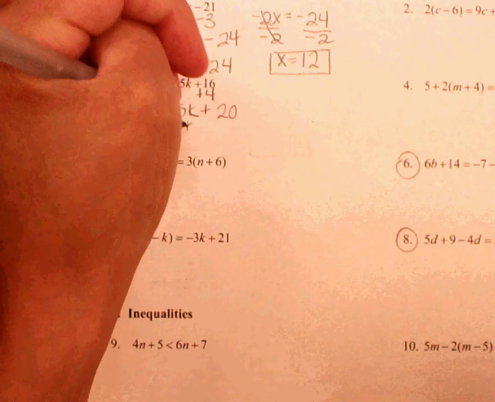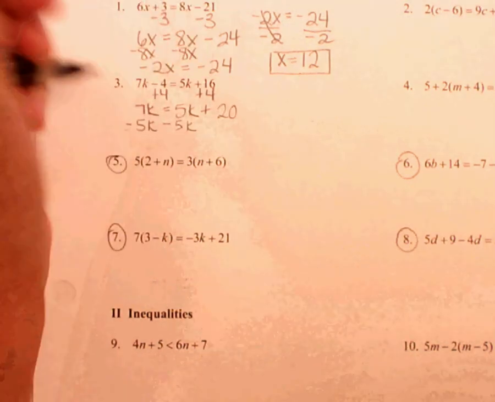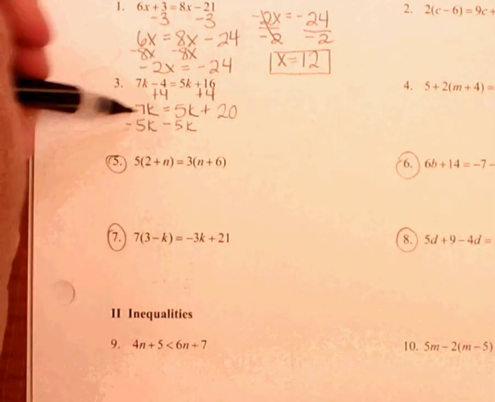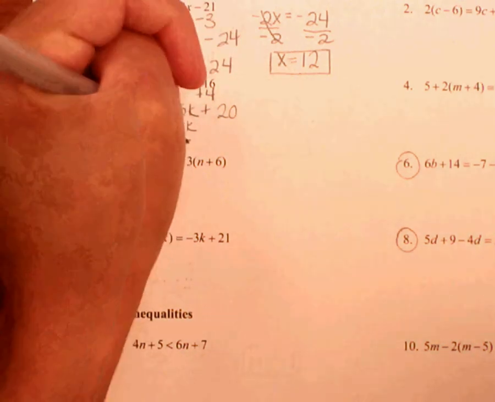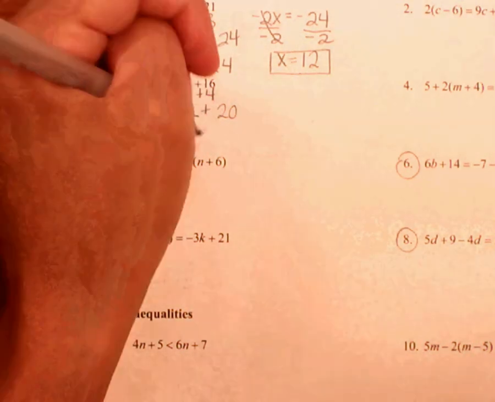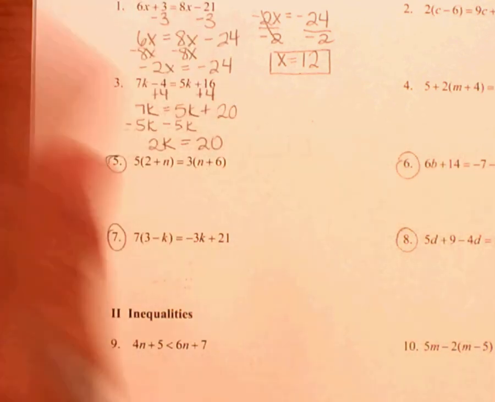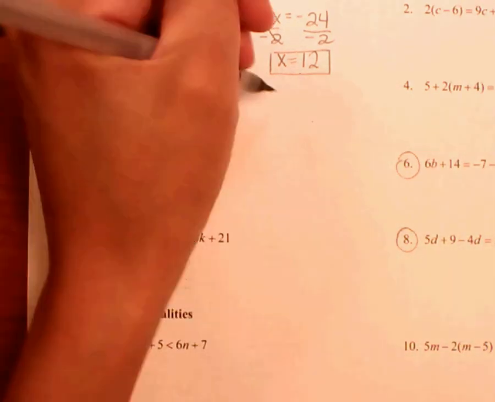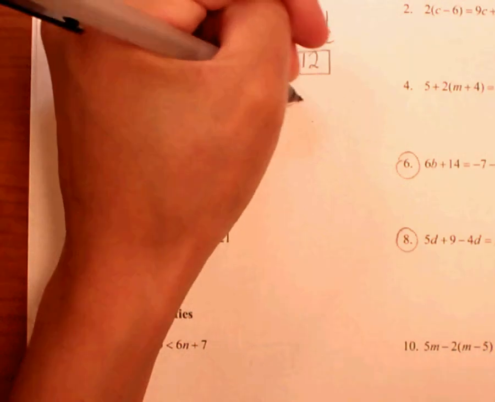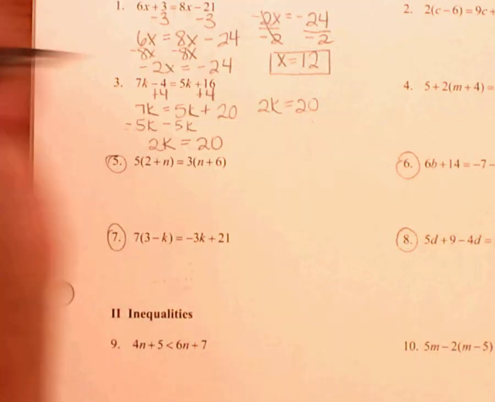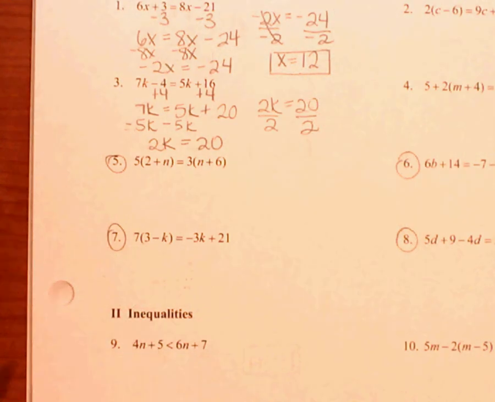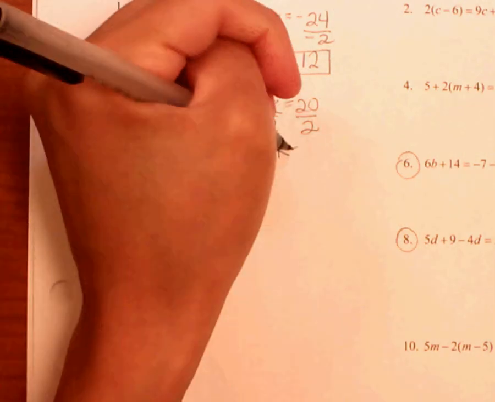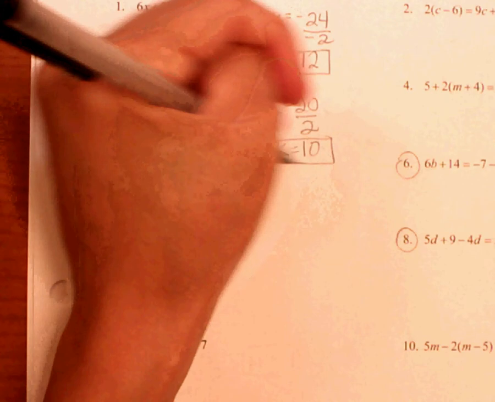Subtract 5k, subtract 5k. So 7k minus 5k, 2k equals 20. I'm going to carry this over here. So 2k equals 20. Divide both sides by 2 to isolate the k. K equals 10.